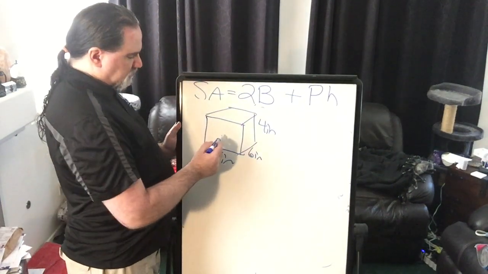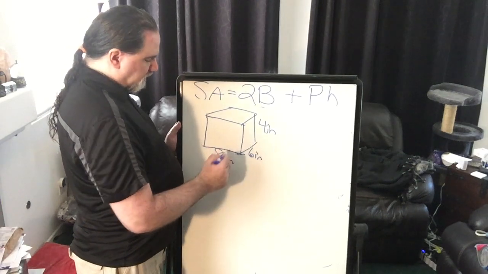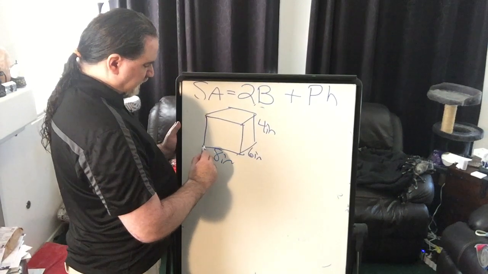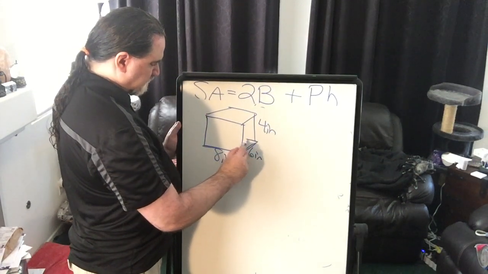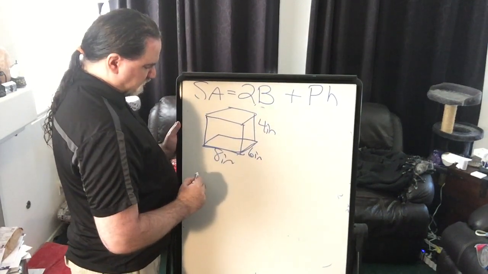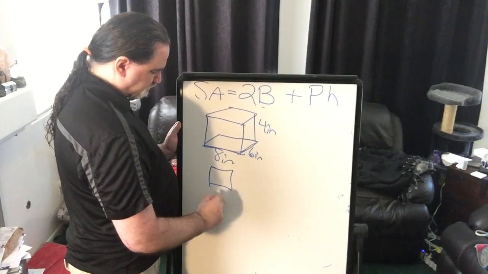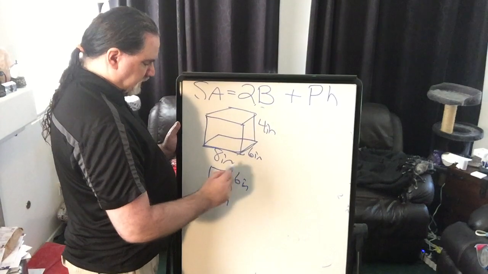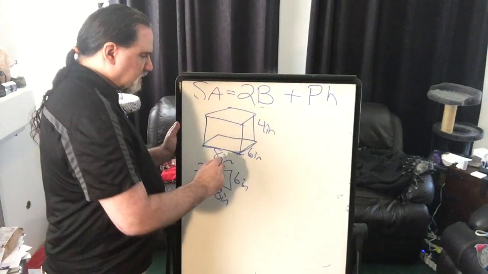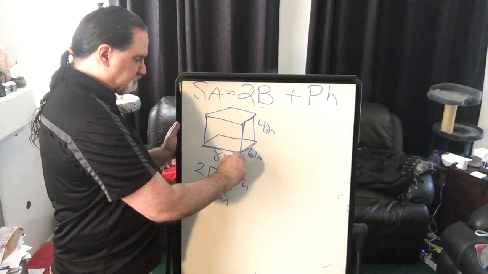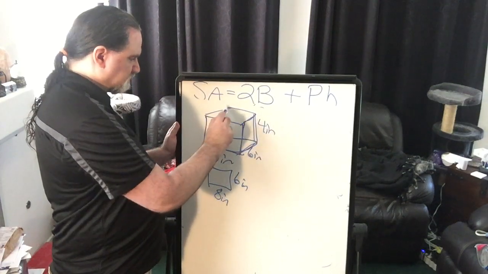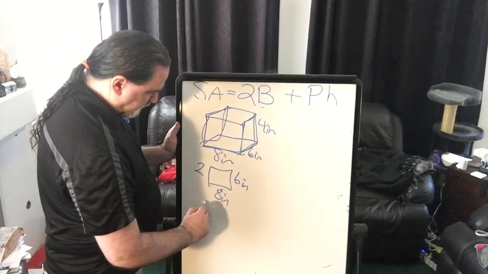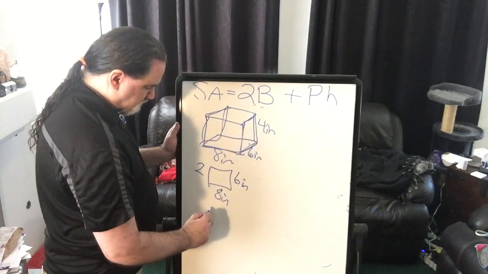So if we call the bottom 1 and 6, I have 2 rectangles. I have this one on the bottom, and I have 2 of these. I have this side, and that would be 6 by 4.